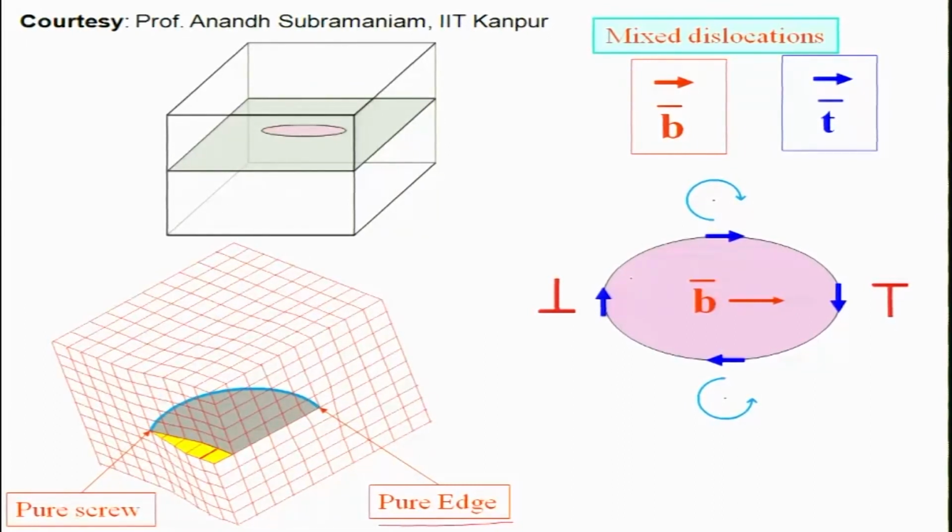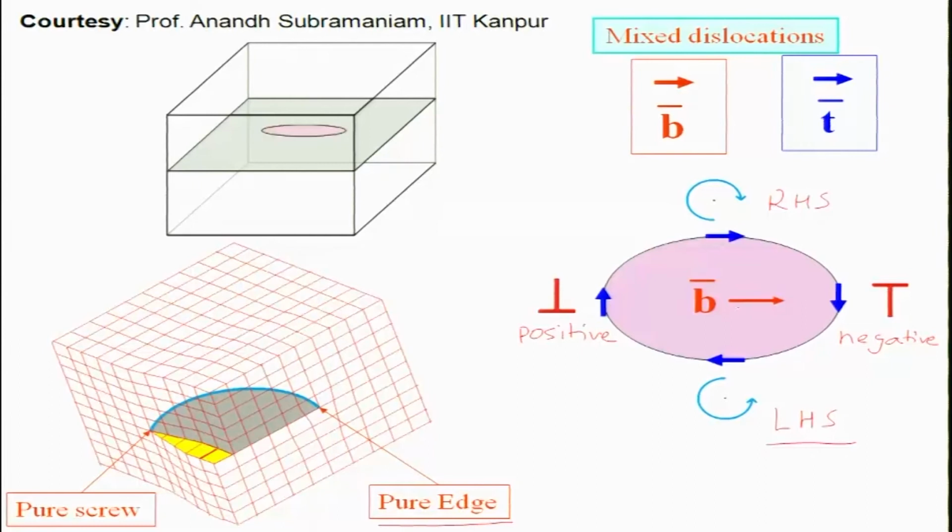Depending upon whether it's a right-handed screw or left-handed, screws are defined, and edges are described as, here for example it's a positive edge, right? On the other side it would be a negative edge. Here it's a right-handed screw and here it would be a left-handed screw, and you can see that the dislocation line in this case is in this direction and your B is in this direction.